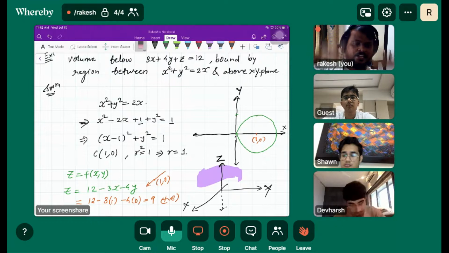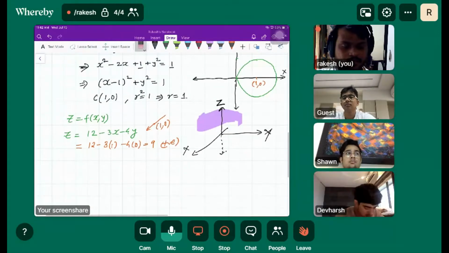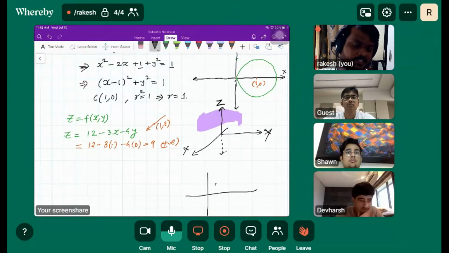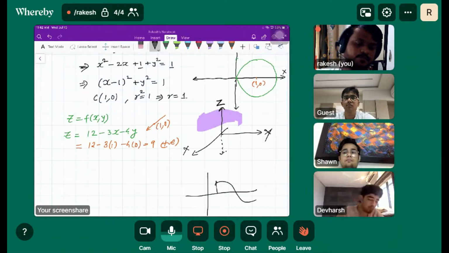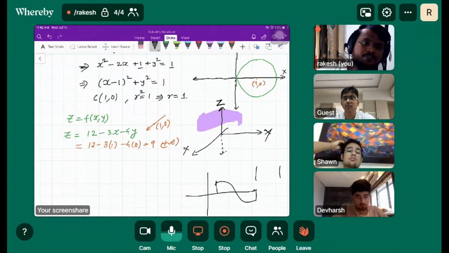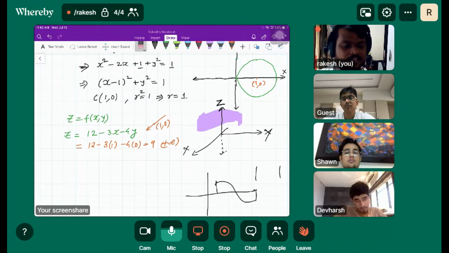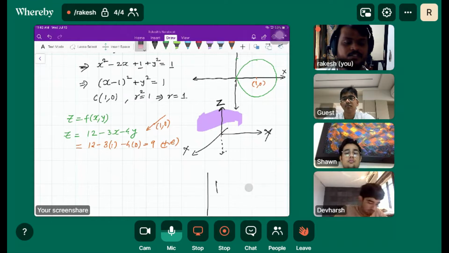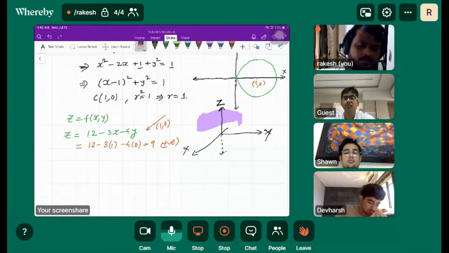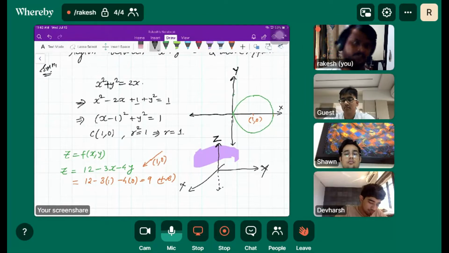If some part of the area is below the x-axis, we take the modulus, which makes negative to positive, right? So that's why it is necessary to find out whether my surface is in the positive z direction or the negative z direction. Are you getting that idea?